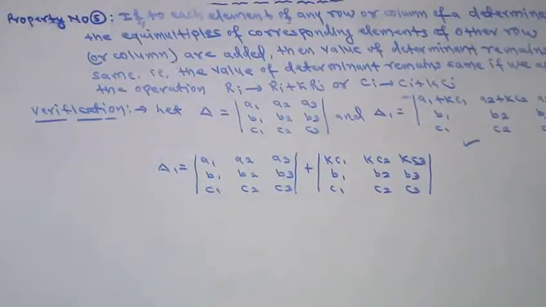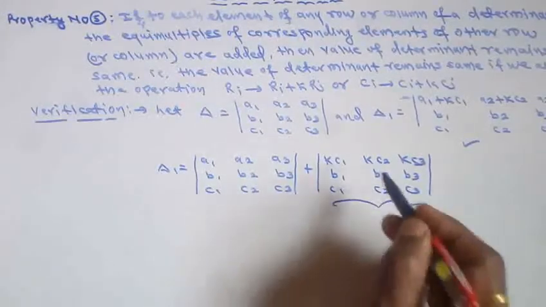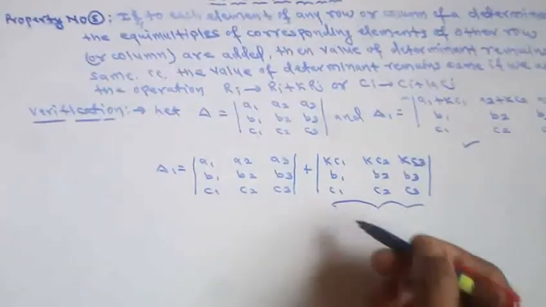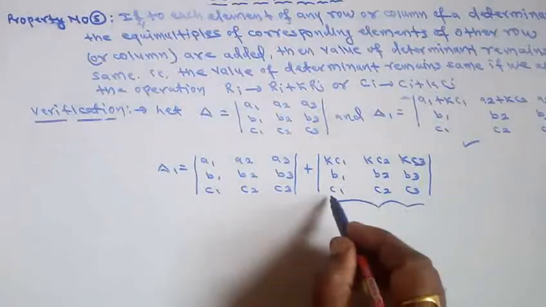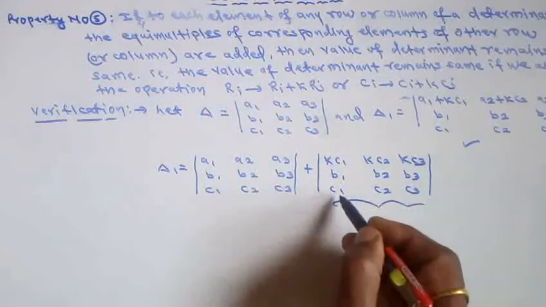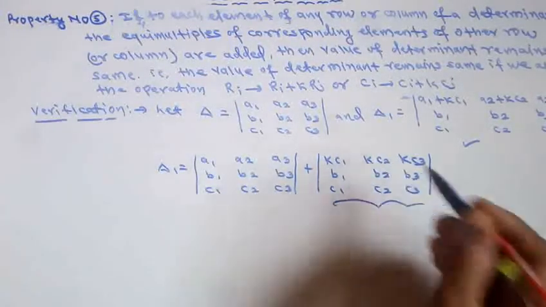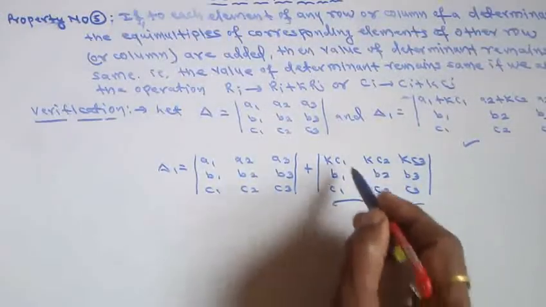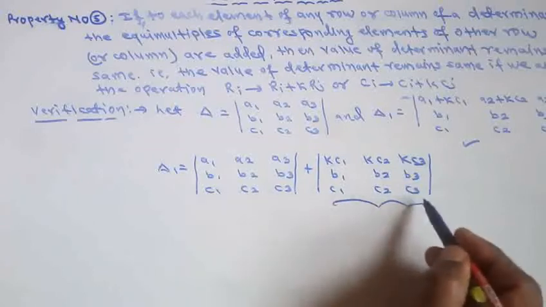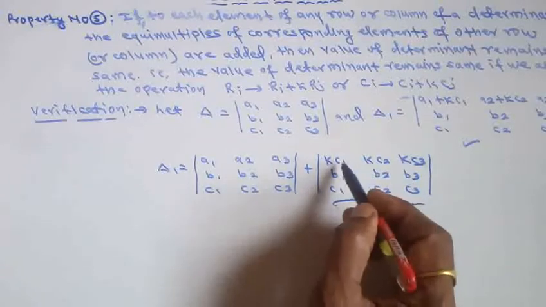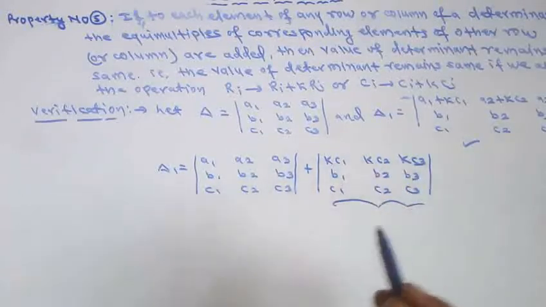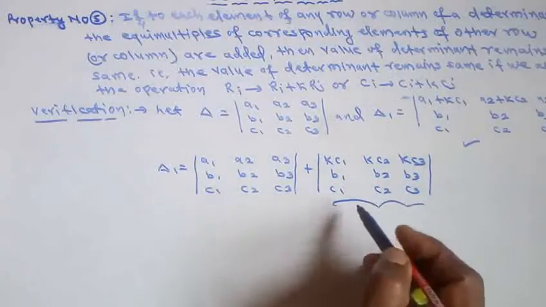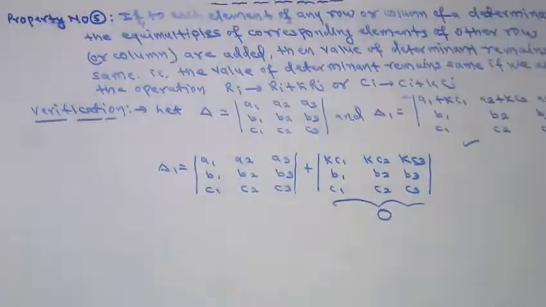Now here in the second determinant, the first row is proportional to the elements of the third row: C1, here k times C1, C2, k times C2, C3, k times C3. Means these two rows R1 and R3 are identical. If I take this k as common, R1 and R3 become identical. Therefore the value of this determinant becomes 0.